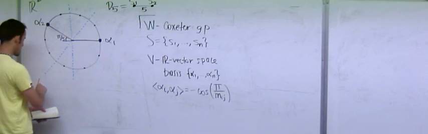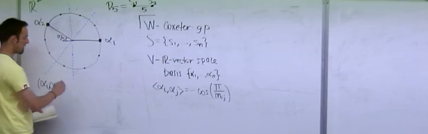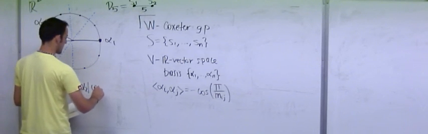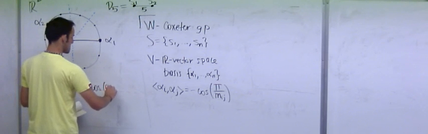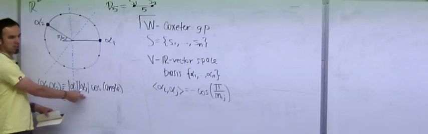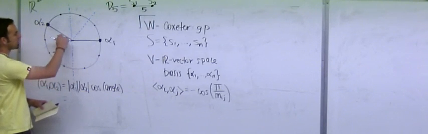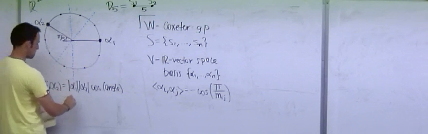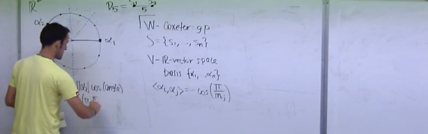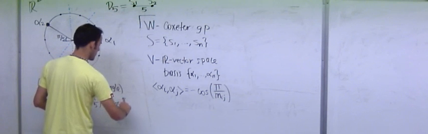So then if you remember that the inner product of alpha 1 and alpha 2 is given by the length of alpha 1 times the length of alpha 2 times the cosine of the angle between them, then you find that the length of alpha 1 is 1, the length of alpha 2 is 1, and the cosine is cosine of pi minus pi fifths.